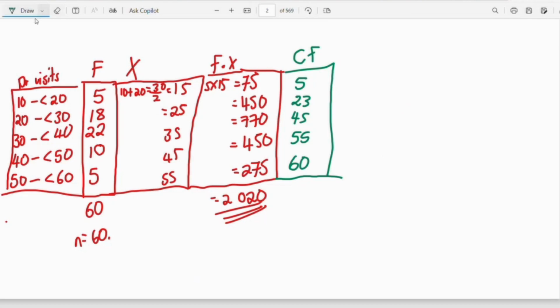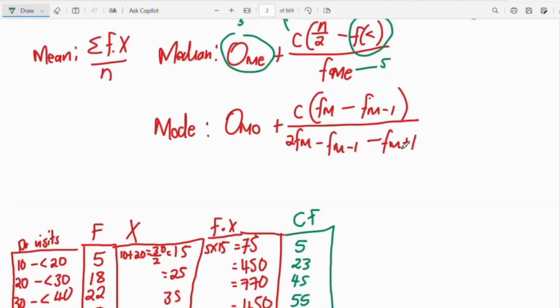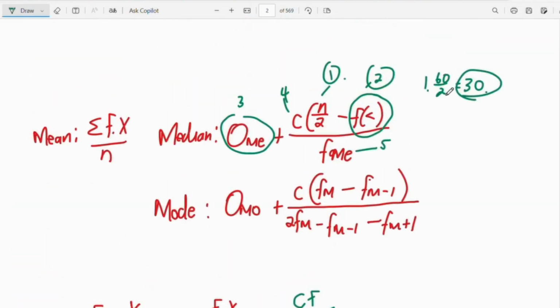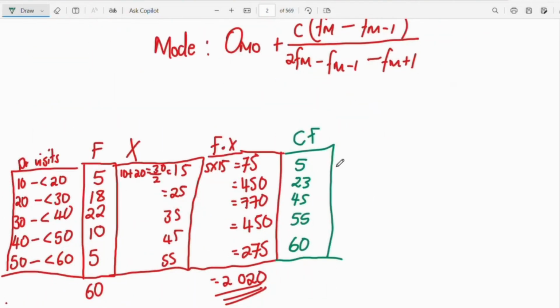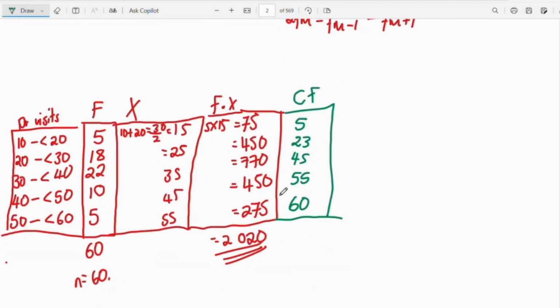Now, according to my formula there, I said you start with n divided by 2, which is 30, right? Which means now you want to come here and look, where would the number 30 be? Now, remember that people that belong here is from 1 till 5.